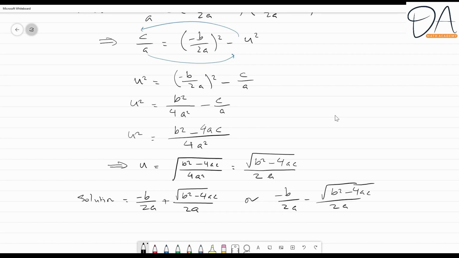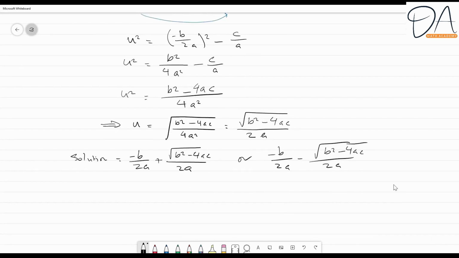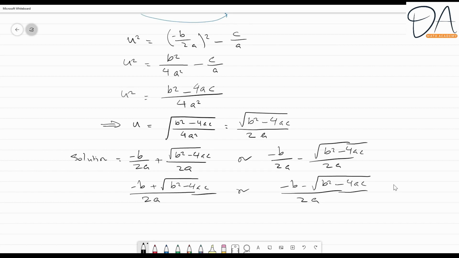I can write this again in the equivalent form, with 2a common for both: minus b plus the square root of b squared minus 4ac, and minus b minus the square root of b squared minus 4ac.